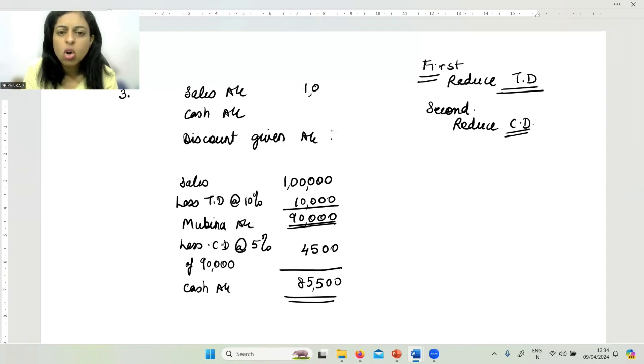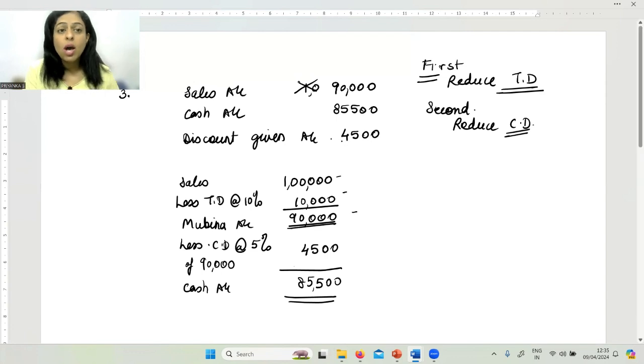Should I write 1 lakh, 10,000, or 90,000 in the journal? The answer is we will not write 1 lakh, but we will write 90,000. Cash received will be 85,500 only because I have given a discount, and discount given account will be written as 4,500.